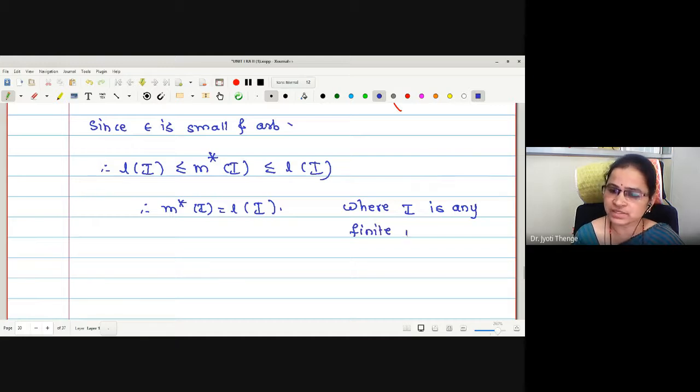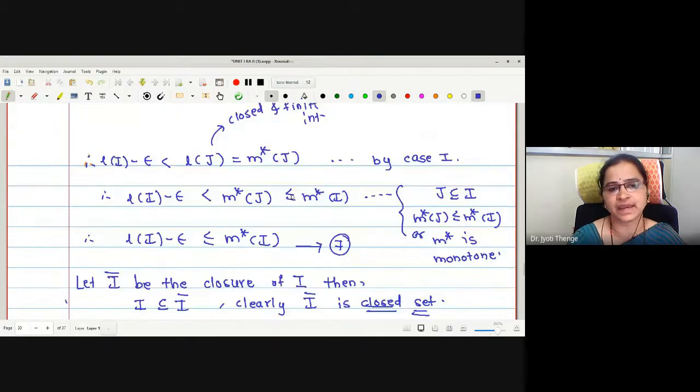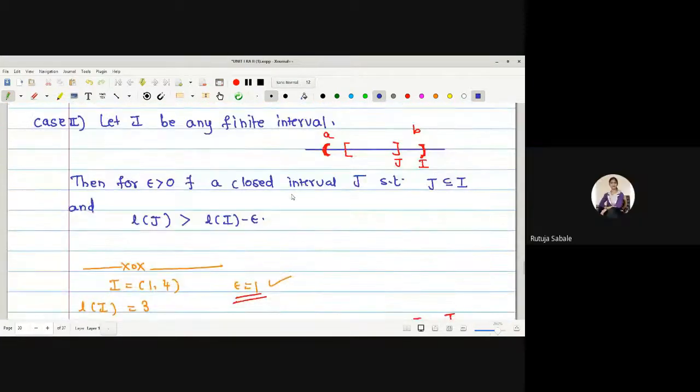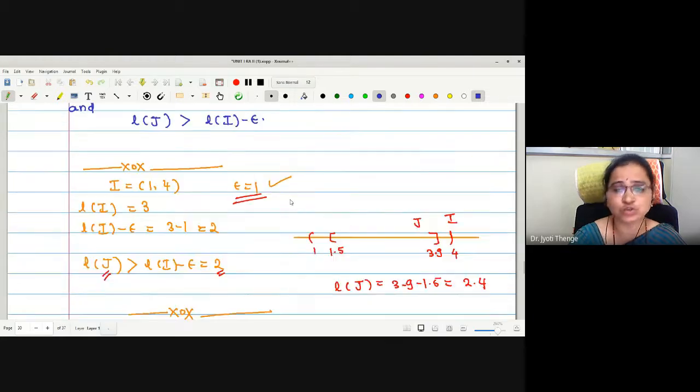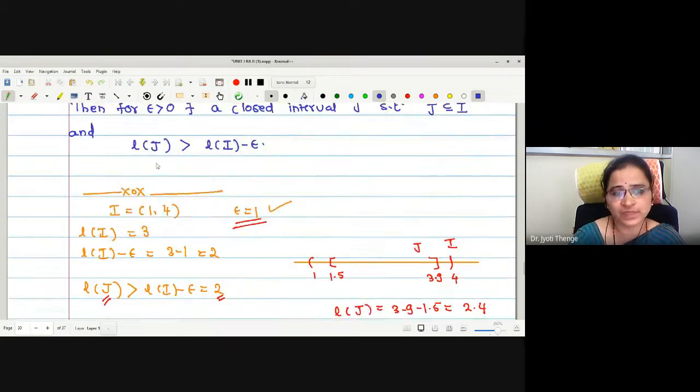What is the third case left with? Infinite interval, right? Any difficulty in the second case? Ma'am, just repeat. We started with a finite interval. Then we found one closed interval J contained in I with this property.